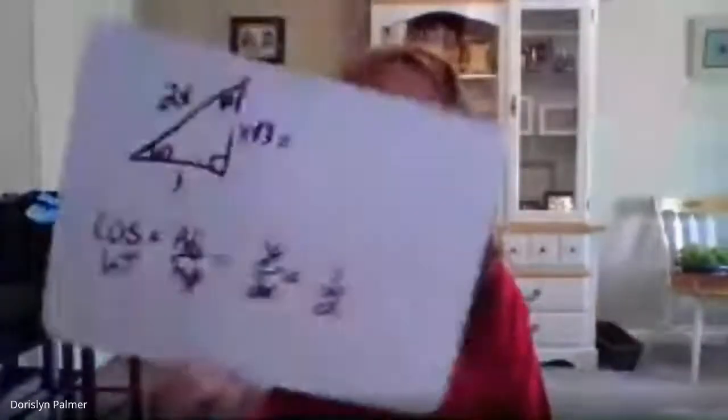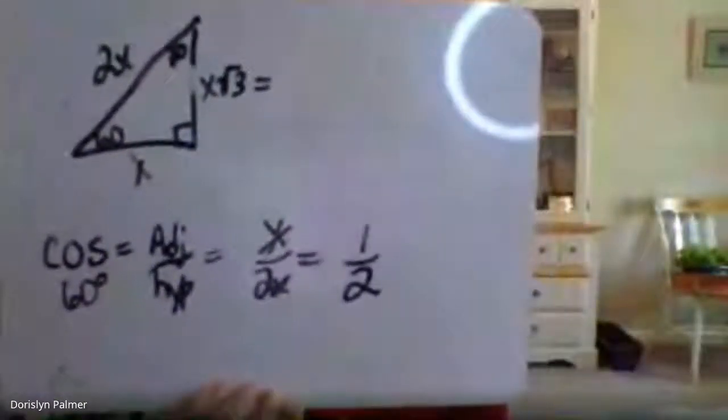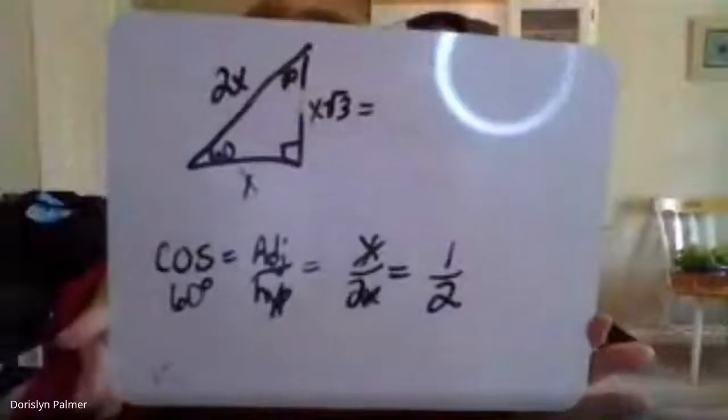Root 3 over 3. No. What did you use for your adjacent? X. Okay, that's good. And your hypotenuse, I had written it incorrectly the first time and then changed it. Your hypotenuse is 2x. So we'll end up getting 1/2 or 0.5.